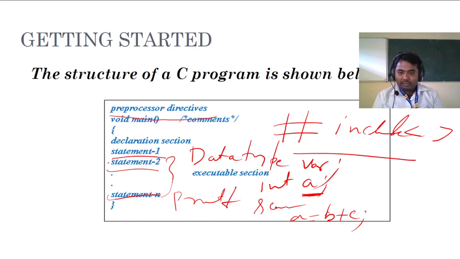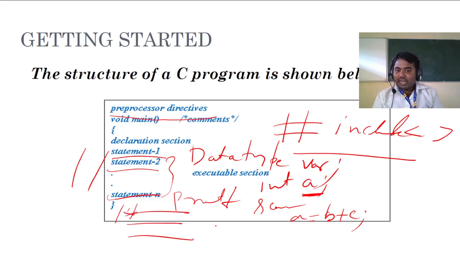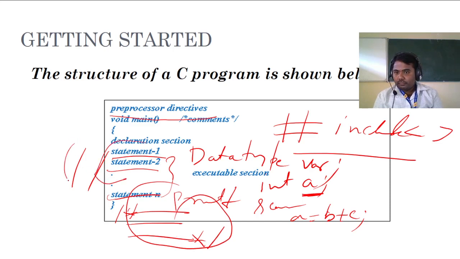One is the single line comment, prefixed with the // symbol. The other is the multi-line comment, which means more than one line of comments. A multi-line comment starts with /* and ends with */. The thing which starts with // is called a single line comment.